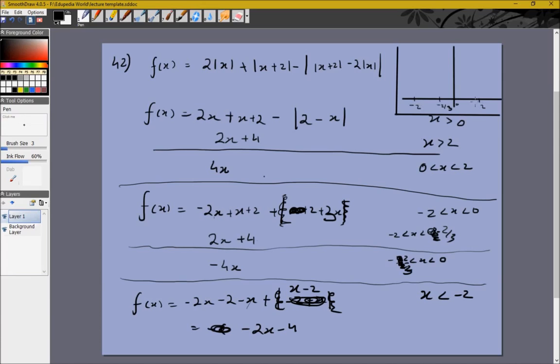Greater than 2, it is 2x plus 4, so it is something like this. Between 0 and 2, it is 4x, so it is something like this. Then it is minus 4x between minus 2 by 3 and 0, so it is something like this. Then 2x plus 4 here, which is the same function as this pulled back, so something like this, and minus 2x minus 4, which is something like this.